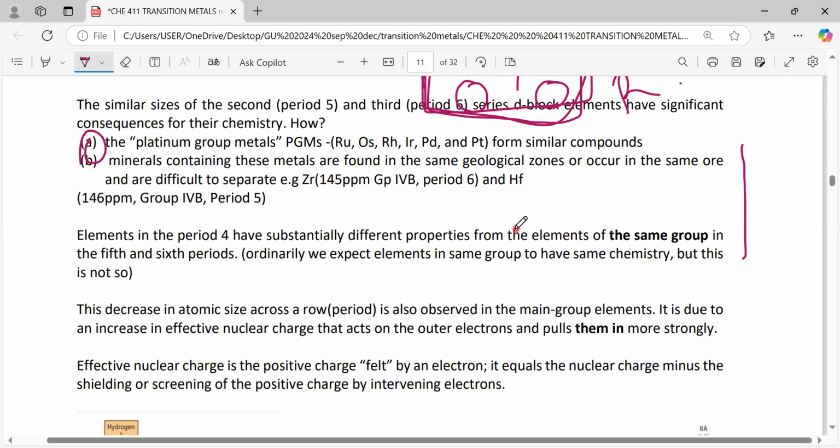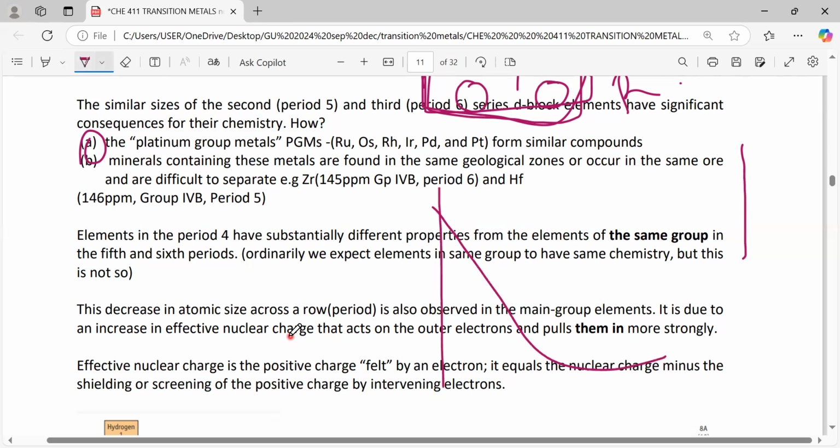It equals the nuclear charge minus the shielding or screening of the positive charge by intervening electrons. So effective nuclear charge increases as you move from left to right, and that's why you see a gradual dip in the radius.